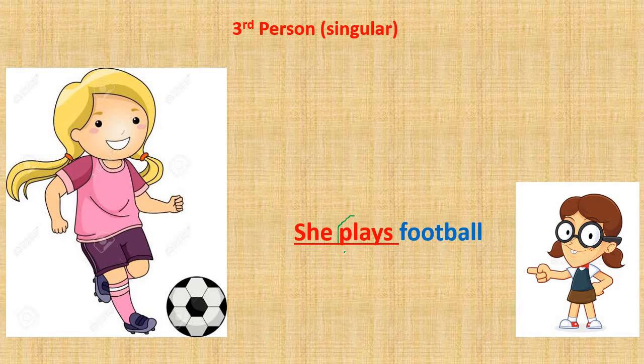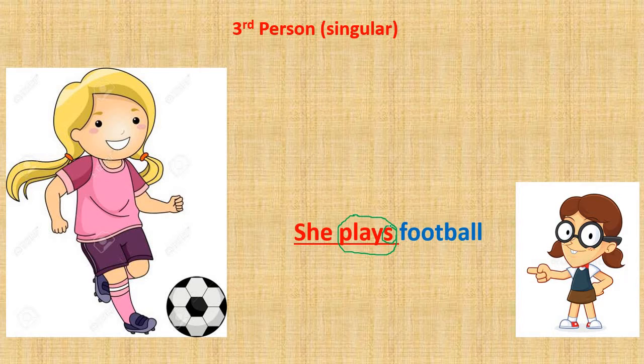Here we can see a difference in the form of the verb. What is the difference? Yes, the form of the verb has taken an S at the end of it.